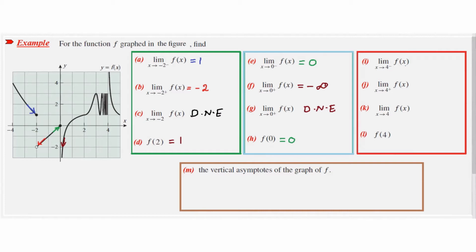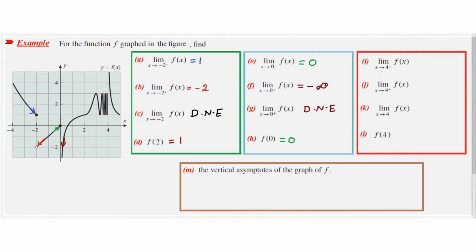In part 3, you have to find limits when x goes to 4 from the left, and goes to 4 from the right, goes to 4, and the image of the number 4 in the function f.